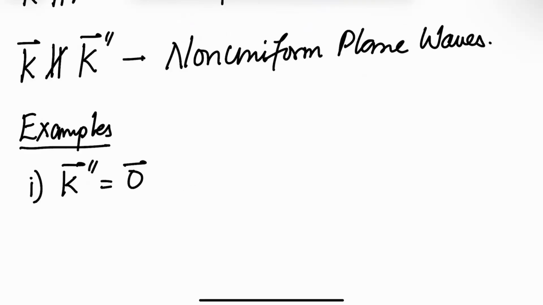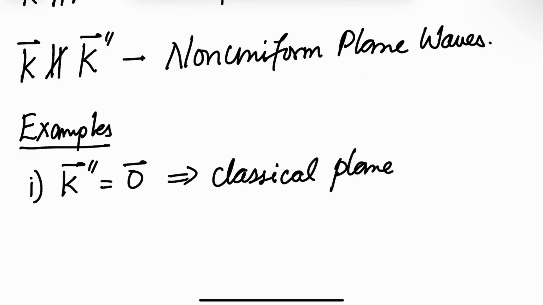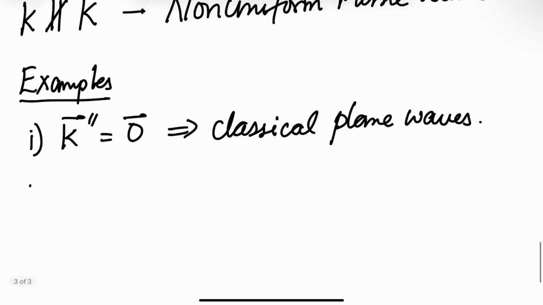If it's a zero vector, then you end up with just the real k, and this is your classical propagating plane wave. Simplest case. That's kind of trivial. The second example is when k double prime is perpendicular to k prime.